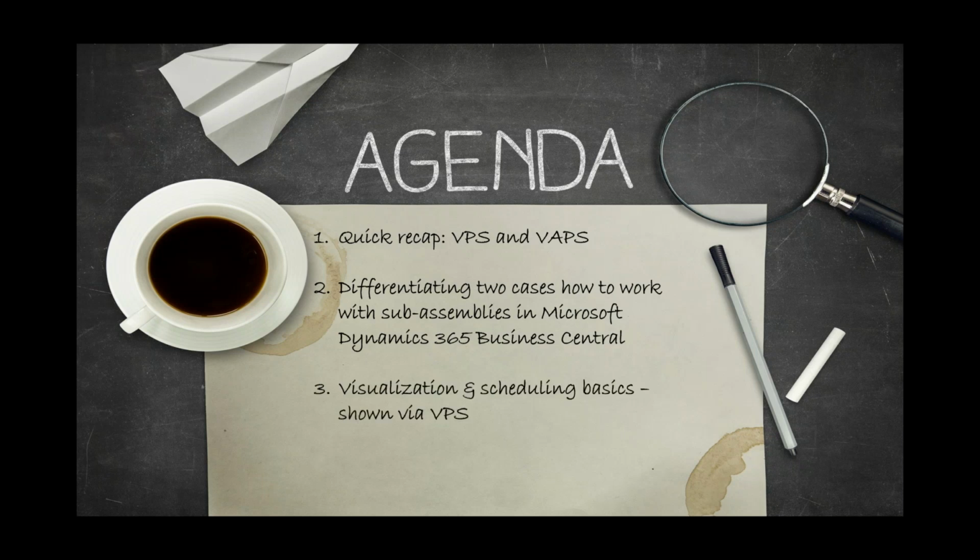I will first look at some visualization and scheduling basics via the VPS, the Visual Production Scheduler. To conclude the webinar, I will also look at further scheduling options in the Visual Advanced Production Scheduler. This is what I'm trying to achieve in the next couple of minutes.